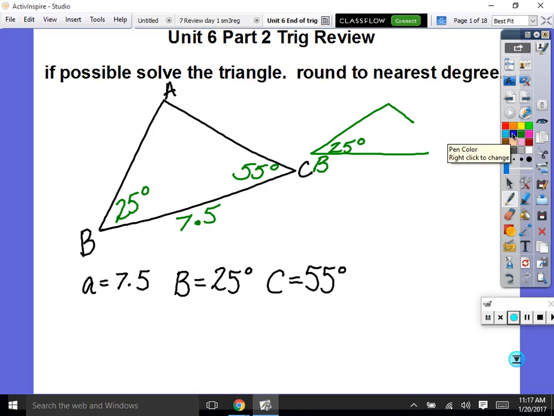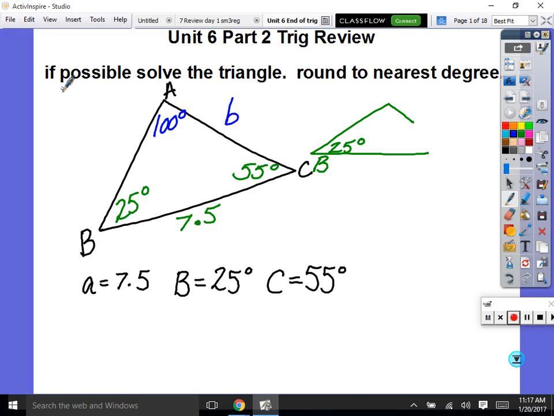All right, so now it says solve the triangle if possible. So this is definitely possible because if we're given two angles, we can find the third angle and then use the law of sines, right? So very quickly here, my third angle is going to be 100 degrees. And then from there, we'll just set up the law of sines to find either side B or side C. So why not side B?